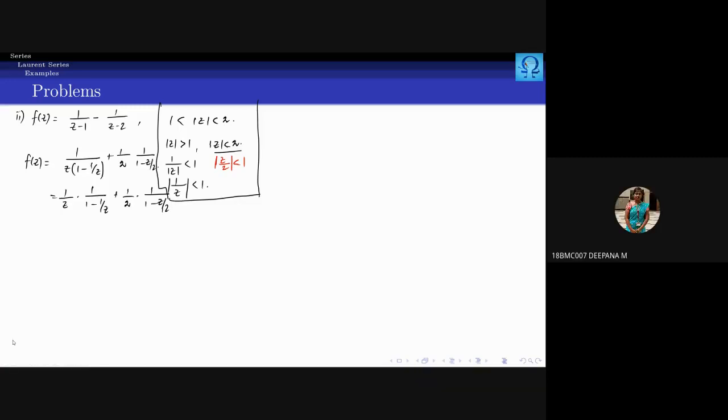Yes, sir. After that you just substitute the formula that we have already derived. It is 1 upon z times 1 upon 1 minus something, summation n runs from 0 to infinity.